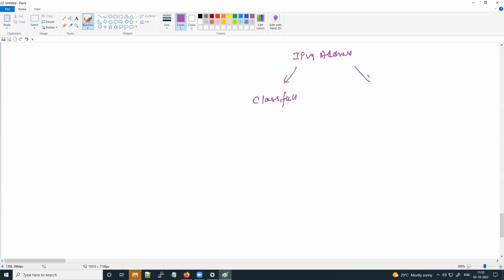Class full is an IP address with the default mask, and classless is an IP address not with the default mask.